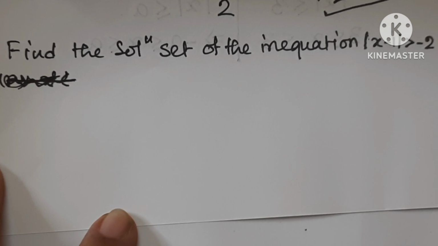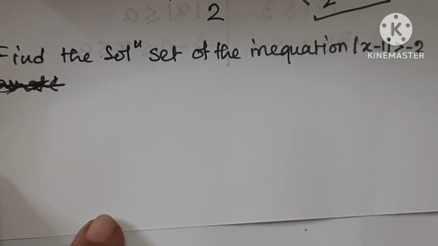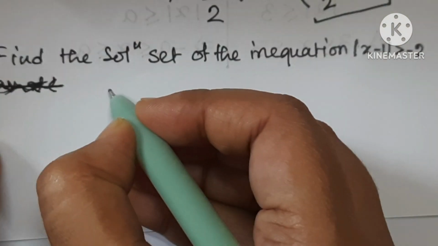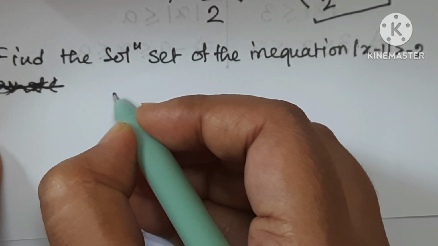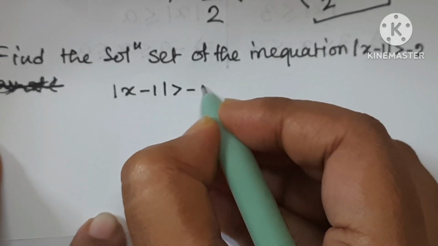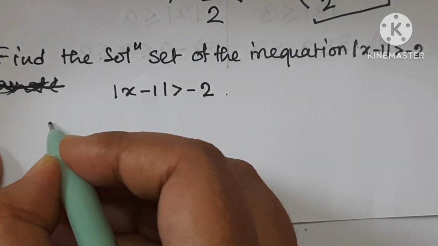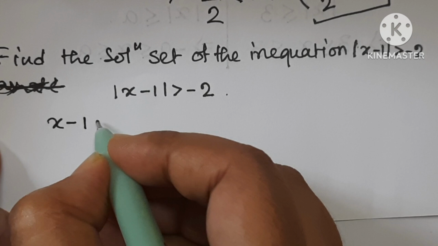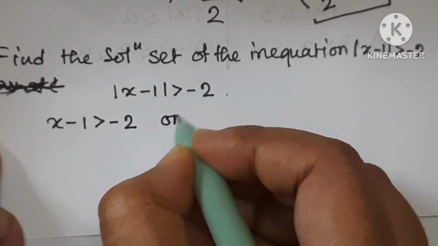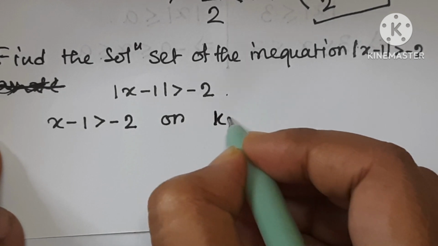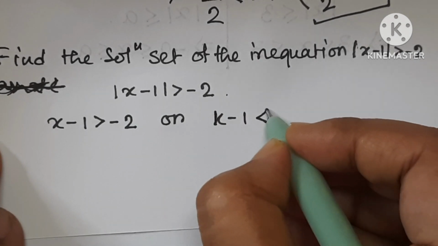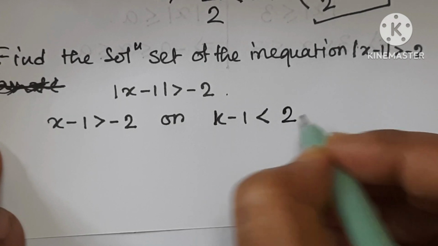Now this question, find the solution set of the inequation. Inequation is mod x minus 1 greater than minus 2. So if you write it like this, mod x minus 1 is greater than minus 2, you can write x minus 1 greater than minus 2, or x minus 1 less than minus of minus 2, that means 2.